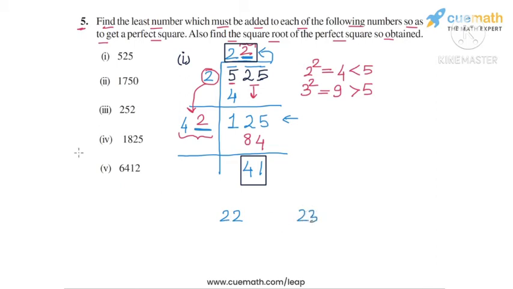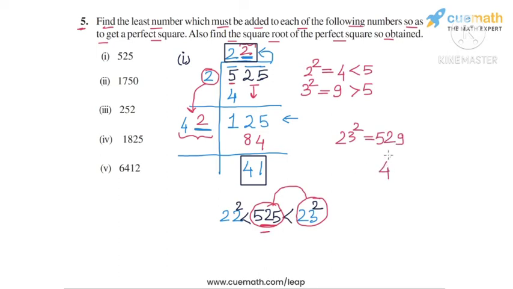In other words, the number 525 lies between the square of 22 and the square of 23. So 525 lies between these two consecutive perfect squares, and hence the smallest number we can add to 525 to get a perfect square is the difference between 23 square and the number 525. So just calculate the difference between these two numbers. 23 square is equal to 529. So the difference between 23 square and 525 is equal to 4.